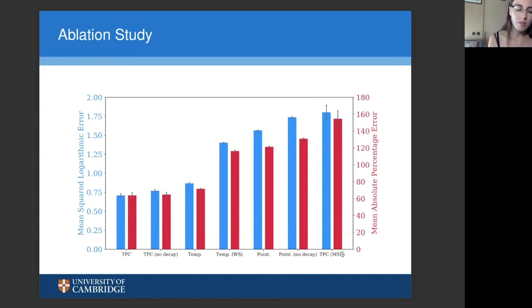which was the normal loss function that you use for regression tasks. And it's just to show that this is a lot worse than the TPC trained with the mean squared log error. Some people might point out that I'm plotting the mean squared log error here. So given that this model has been optimized for this and this one hasn't, it's been optimized for something else, it's unsurprising that this one does better.